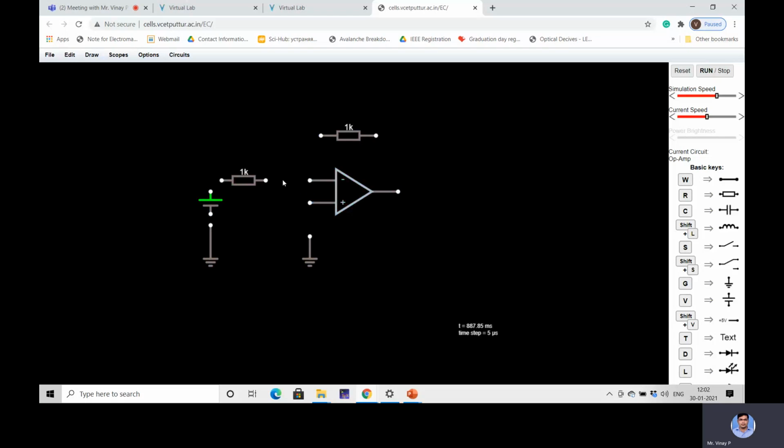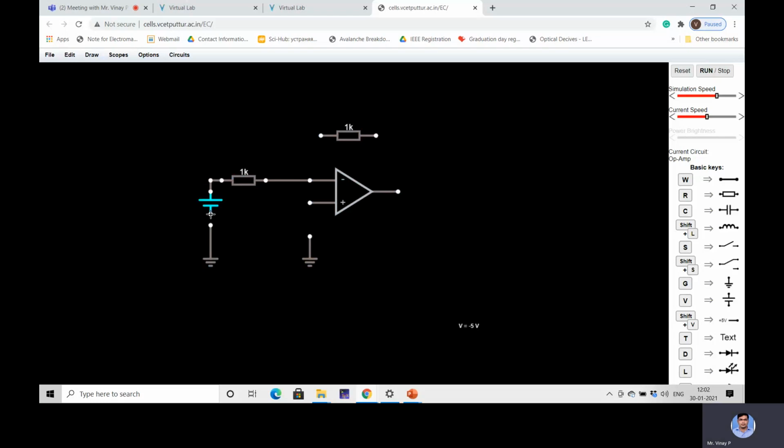Now, to connect the components, I'll use a wire. So this is W, and connect the components. Just place the cursor at this particular point and drag. So this is connected now. Similarly, from this input to the resistance, and this is connected to the resistance.